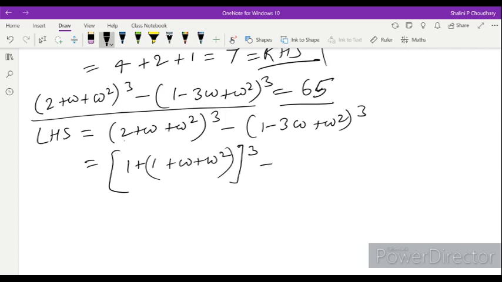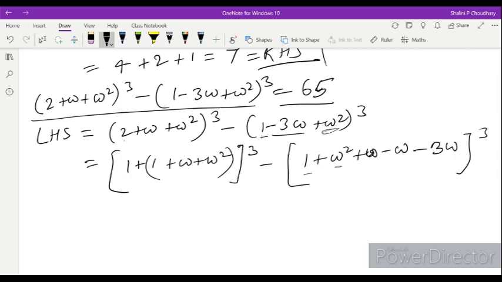Now, 1 minus 3 omega plus omega square, can we write it as 1 plus omega square plus omega minus omega, and minus 3 omega, and we have written the cube here.